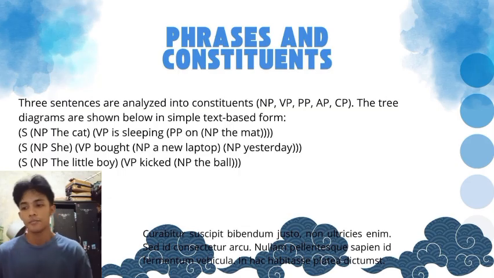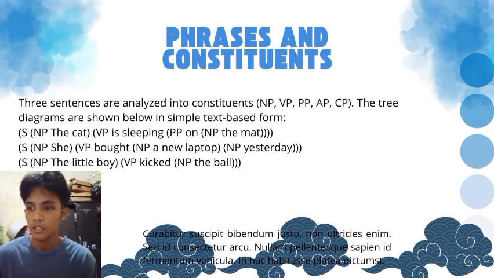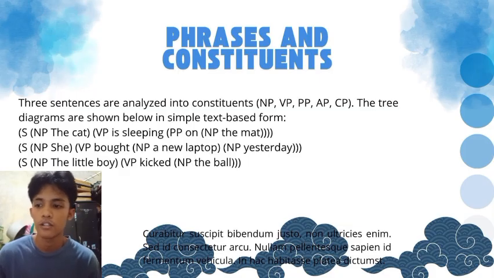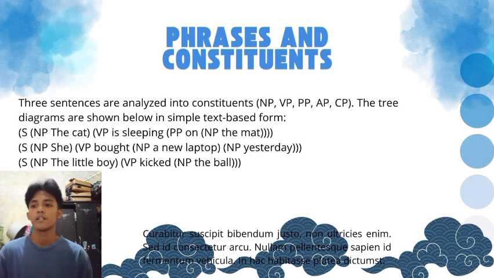And coordination test. So the little boy kicked the ball and threw it. So the second phrase is coordinated with the first, confirming kicked the ball is a constituent. So the substitution and coordination tests work very well for both sentences.